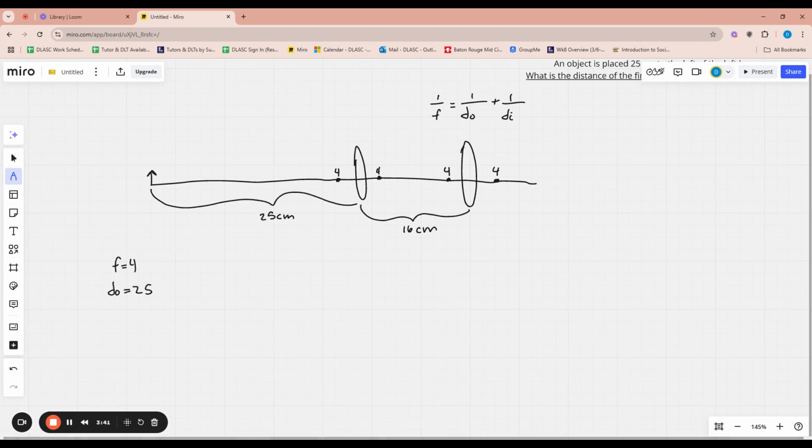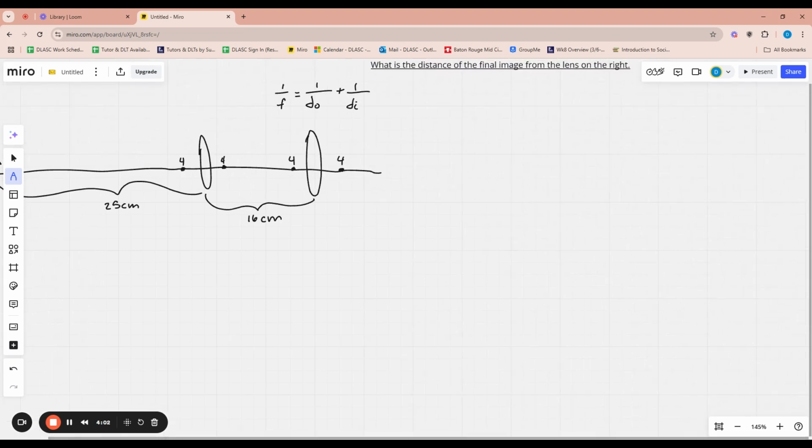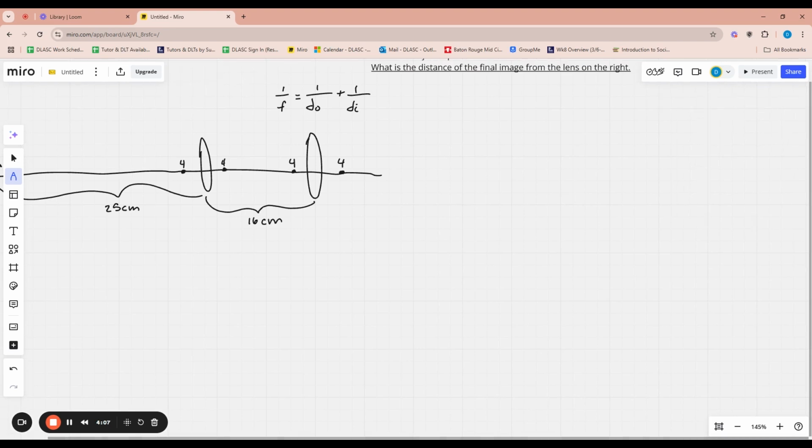Because like I said, the image distance of one lens is going to be the object distance of the other lens. Let me rephrase that. The image distance of this first converging lens will be where the object is for the second lens. So for the second lens, we're going to have to extrapolate how far away the object is.